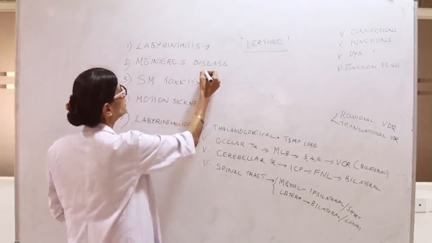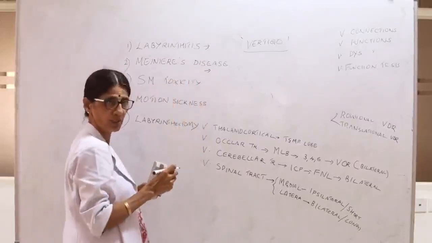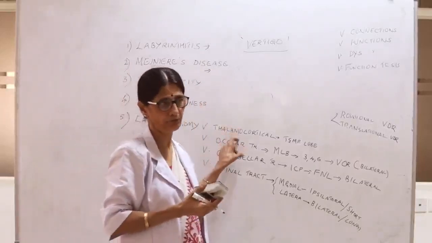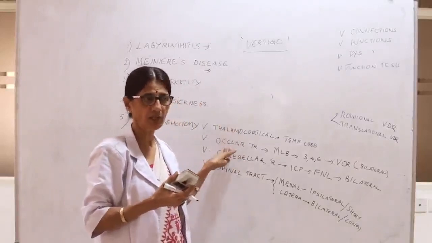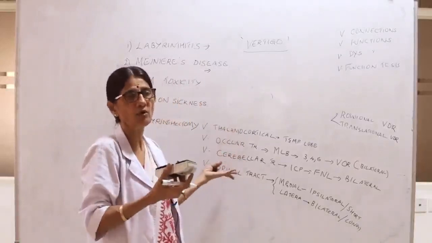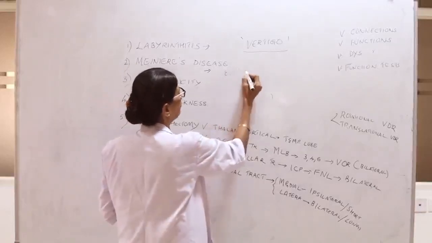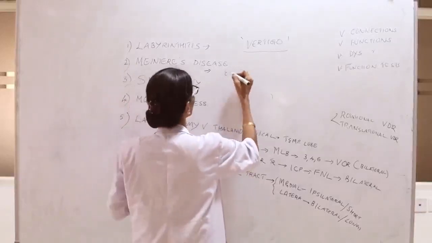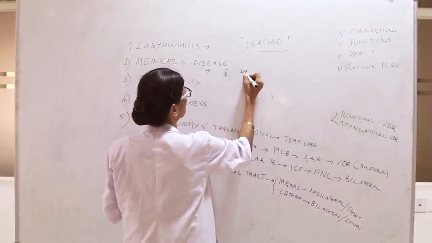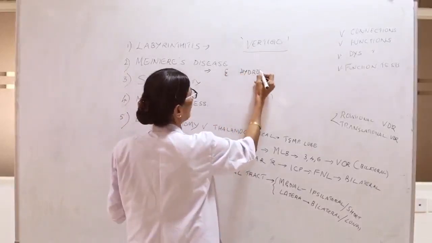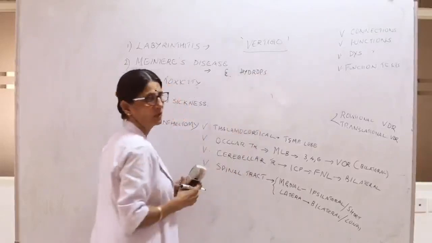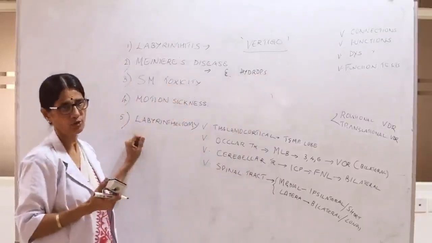Coming to Meniere's disease, this is actually due to some abnormality in the endolymph. The secretion is affected, there is a greater amount of endolymph, and the condition results in what is called endolymphatic hydrops. So there is excess of this fluid, especially in the endolymphatic sac also.